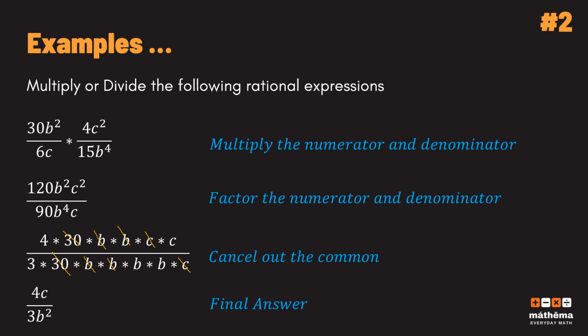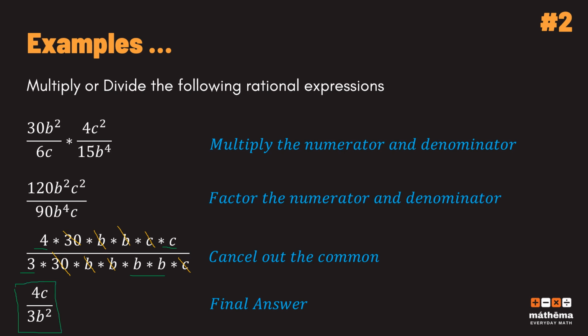Now, what is left in our denominator is 3 and b times b. In our numerator, we have 4 and then c. Therefore, our final answer will be 4c over 3b squared.